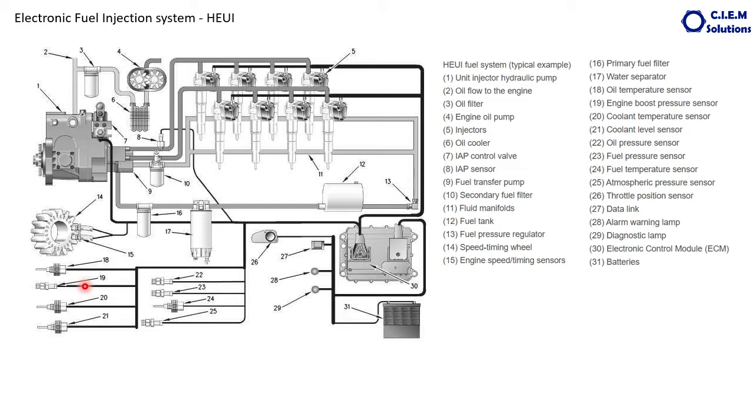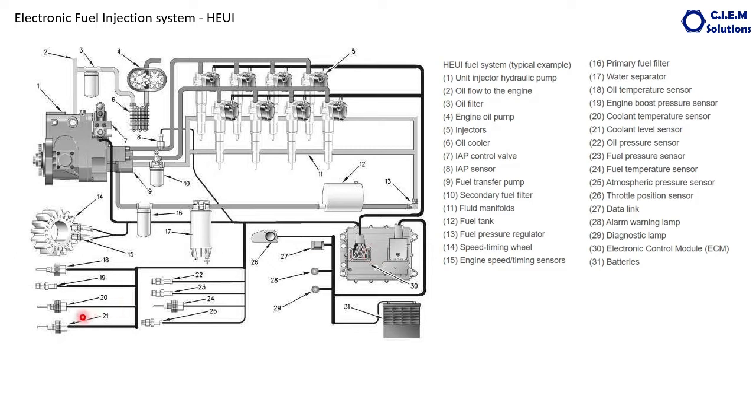When the atmospheric pressure drops, the density of air also drops. When the density of the air drops, as we discussed in the previous videos, the volumetric efficiency falls down. The oxygen content also drops. This ECM takes the signals from this sensor also, to know the atmospheric pressure. Accordingly, it will calculate the injection quantity.